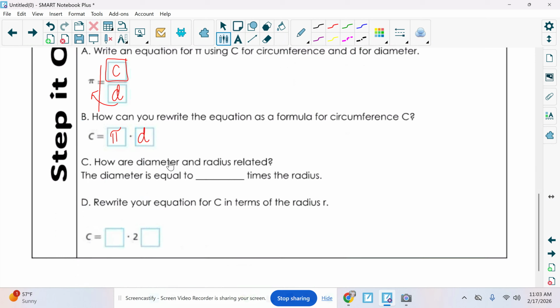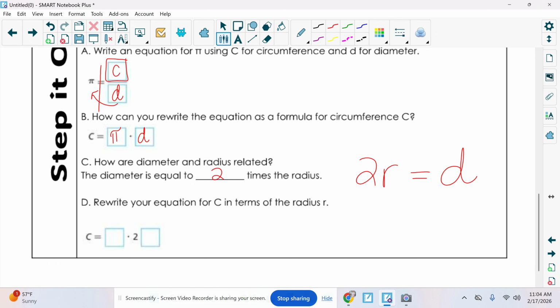Alright, we've already talked about this. How are the diameter and the radius related? How many radii does it take to make a diameter? 2. So the diameter is equal to 2 times the radius. So 2r, or 2 radius, equals 1 diameter.